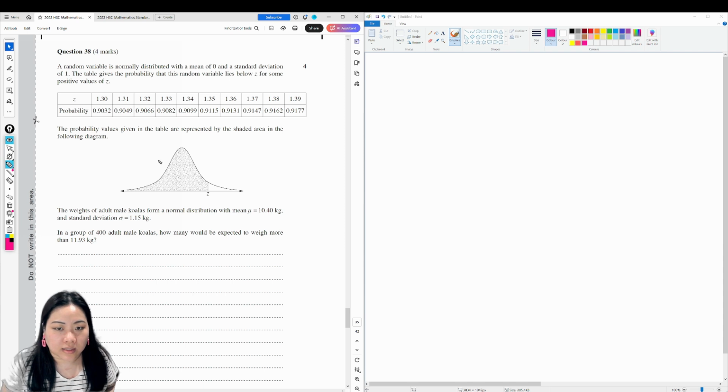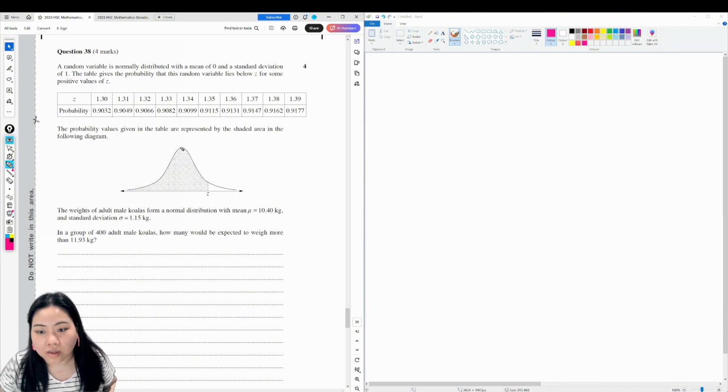Question 38 with 4 marks. A random variable is normally distributed with a mean of 0 and a standard deviation of 1. The table gives the probability that this random variable lies below z for some positive values of z. Probability values given in the table are represented in the shaded area in the following diagram.